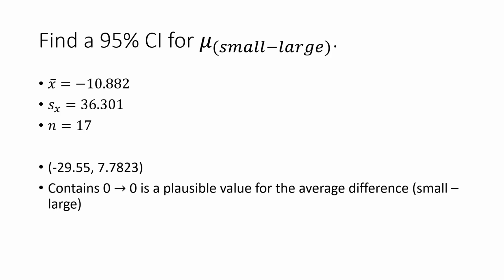Notice that this contains 0. That tells us that 0 is a plausible value for the average difference, small minus large. And that agrees with the fact that we found that the null hypothesis mu sub d equal to 0 had a p-value larger than 0.05.